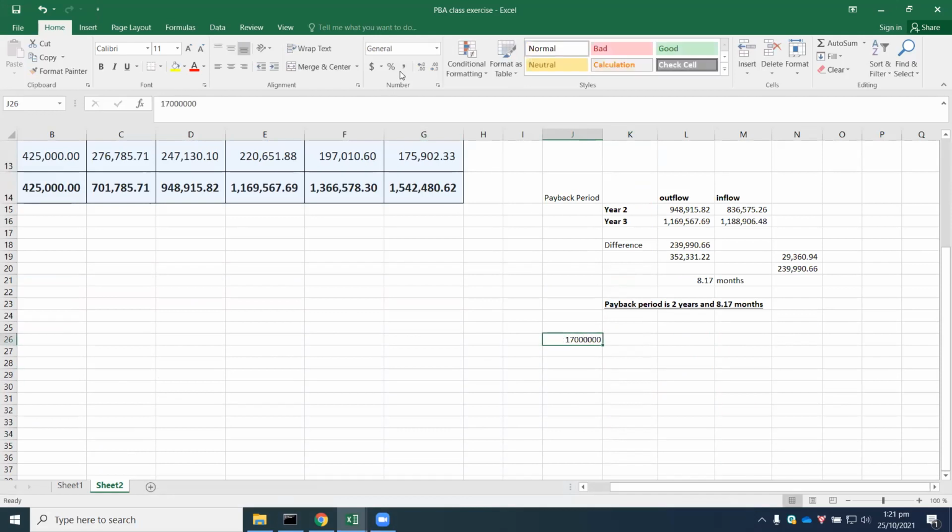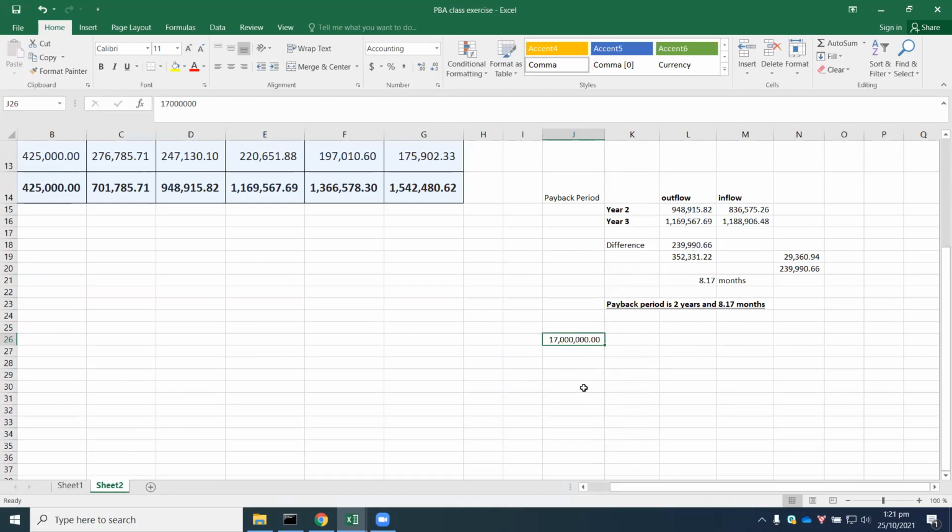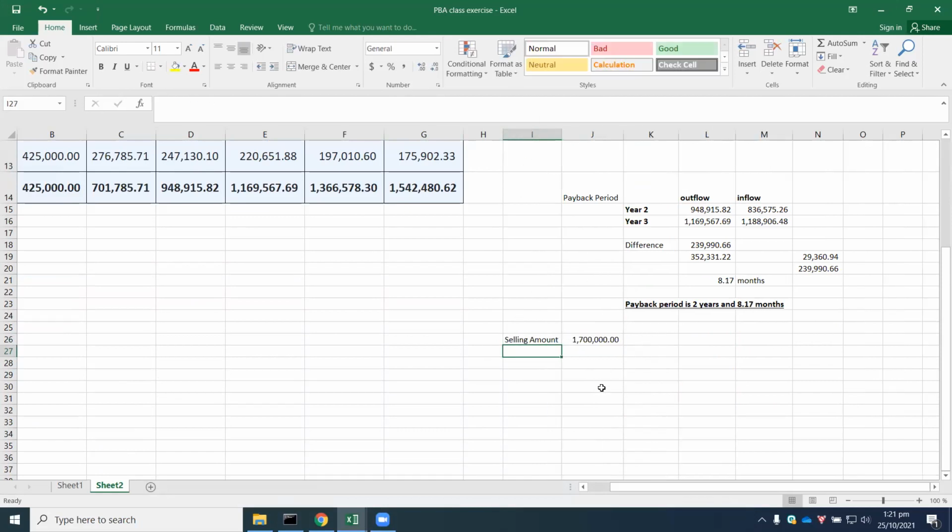Okay. So this is 1.7 million. This is now 1.7 million. And this is your selling amount. So how do you find the return on investment on this? That means the value sold minus your total costs, multiplied by 100.